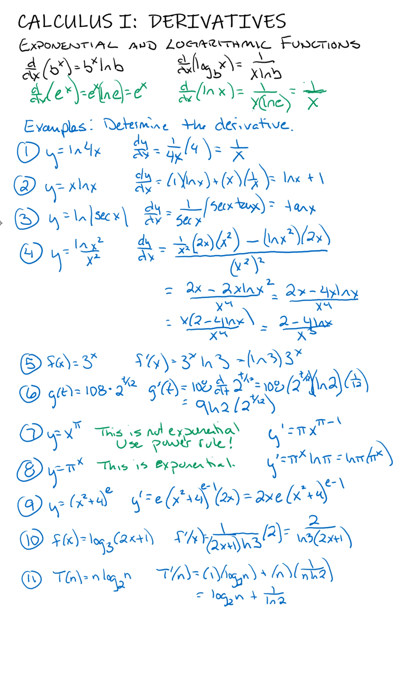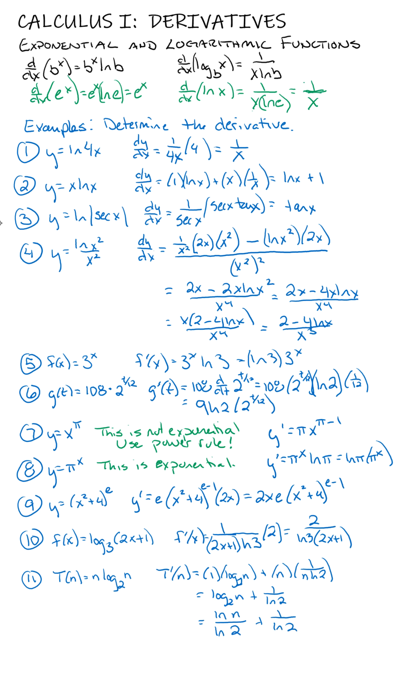It'd be really nice if I could combine those two fractions and get a common denominator, which would be the natural log of 2. Now, I can rewrite this using our change of base formula for logarithms. Remember that change of base formula says I can rewrite this using a natural log. It's the natural log of my argument n over the natural log of my base 2.